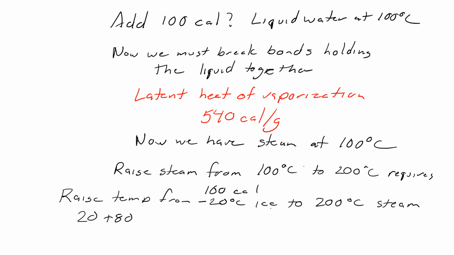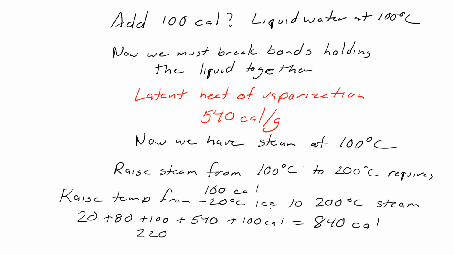We need 80 calories to go from 0 to 0, but change from a solid to liquid. We then need 100 to raise the temperature of liquid water from 0 to 100. We then need 540 calories to go from liquid at 100 to steam at 100. And then a final 100 calories to go from steam at 100 to steam at 200, which gives us a grand total of 840 calories.